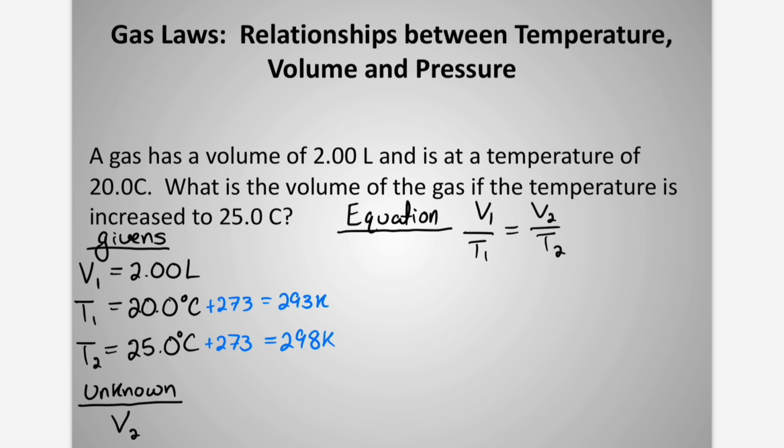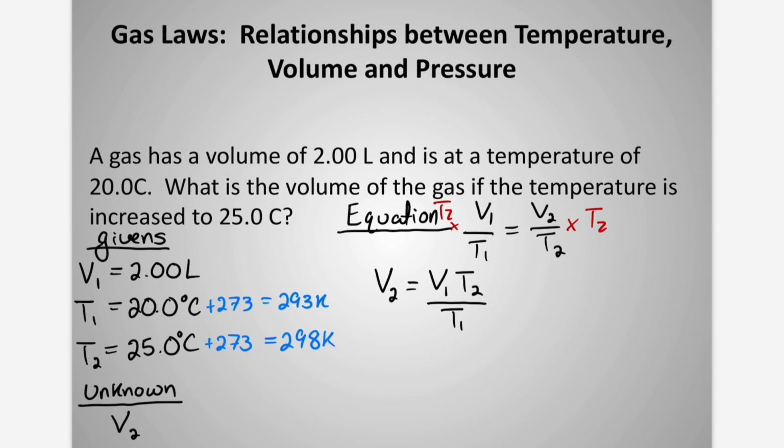Again, I like to rearrange my equation before substituting, so that's the first thing I'm going to do, is I'm going to make this solved for V2. And so my equation comes out to volume 1 times temperature 2 divided by temperature 1.